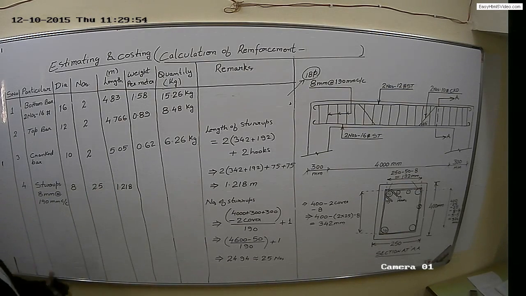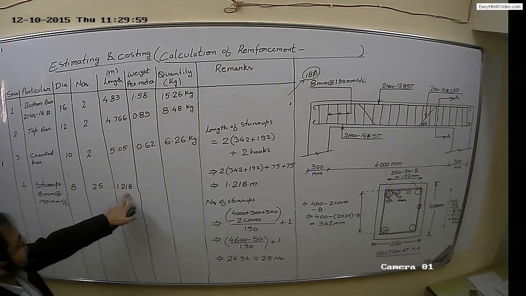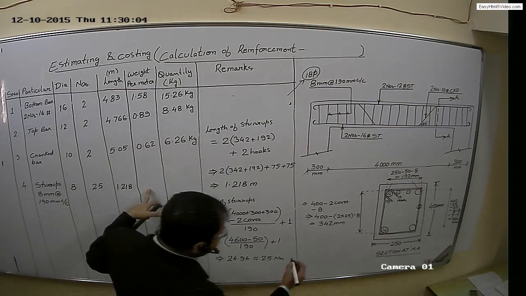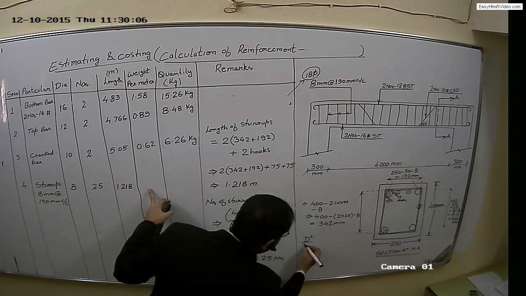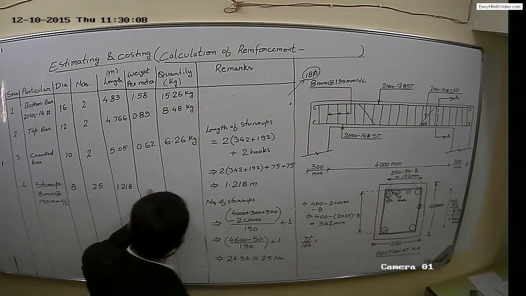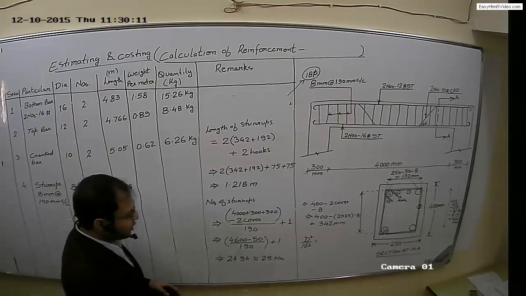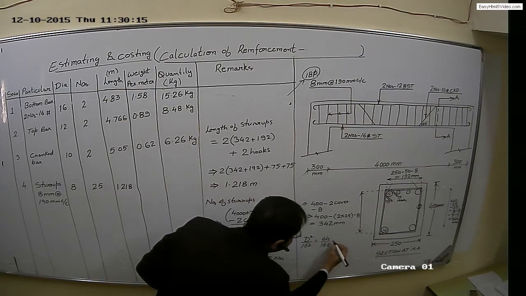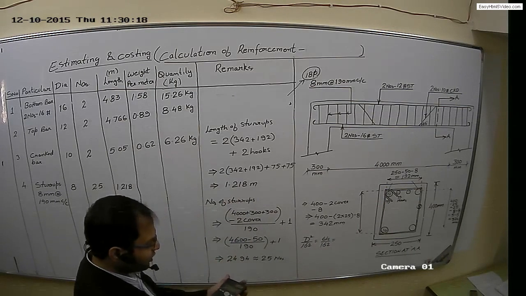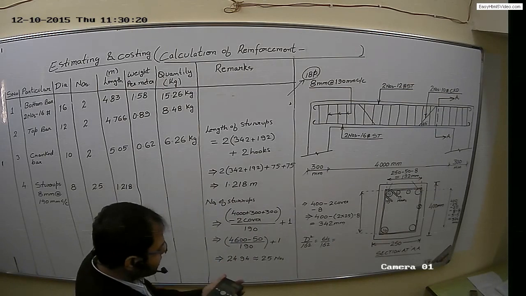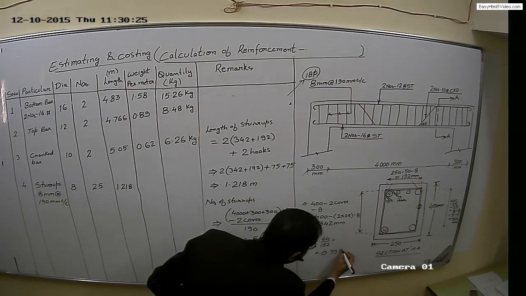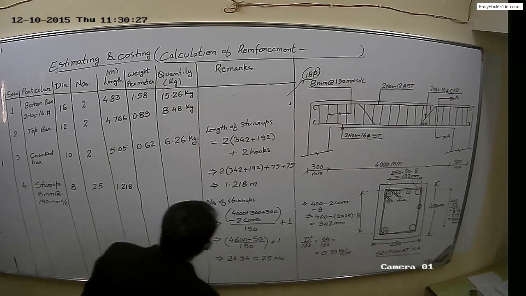stirrups. The quantity of stirrups can be calculated by 25 into 1.218 and the weight per meter, which can be calculated by the simple formula d square divided by 162. In this case, the d will be 8 mm. So 8 into 8, which is 64, divided by 162, which is 0.39 kg per meter.